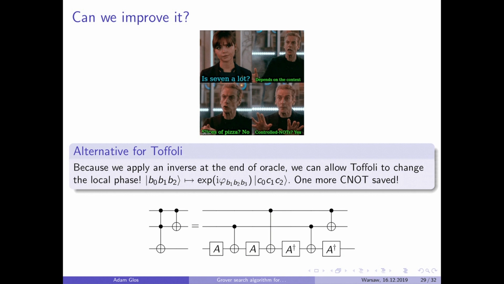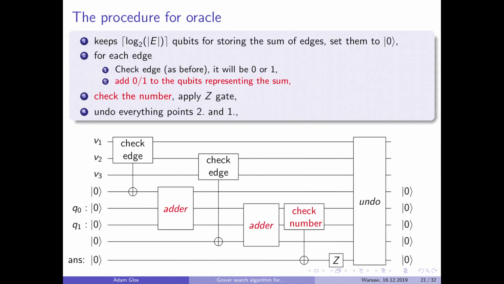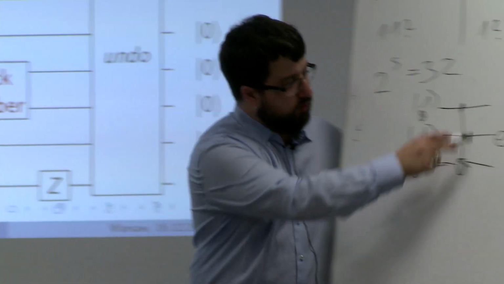Unfortunately, we cannot do it for an arbitrary Toffoli that appears in our quantum circuit, but still we can use it quite often because we can use it for each adder. Why? Because undoing all of these operations again corrects this local phase change.